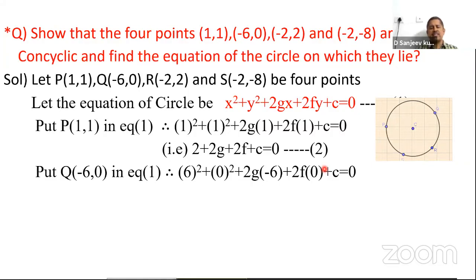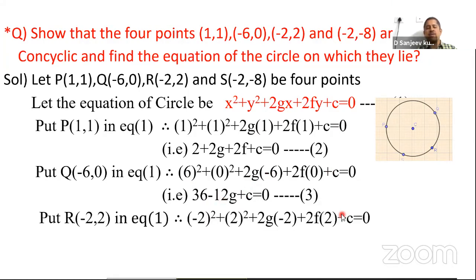Put x equal to -6 and y equal to 0. So (-6)² + 0² + 2g(-6) + 2f(0) + c = 0. Substituting, (-6)² is 36, and 2 into -6 is -12, so 36 - 12g + c = 0.